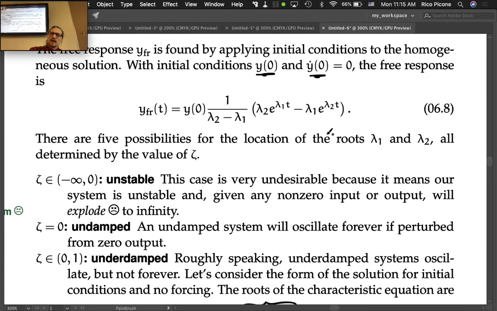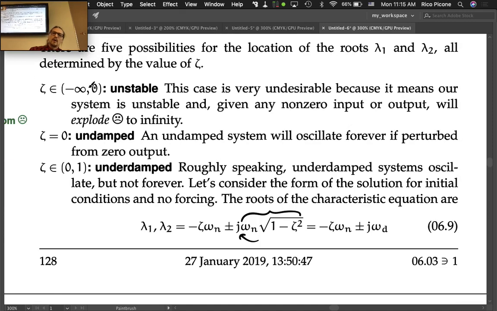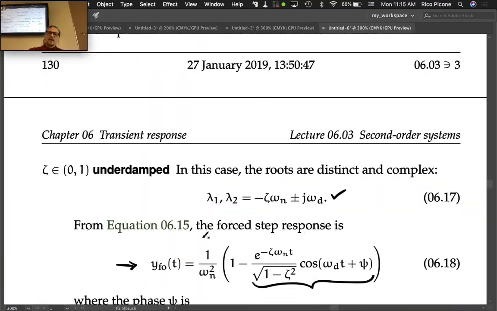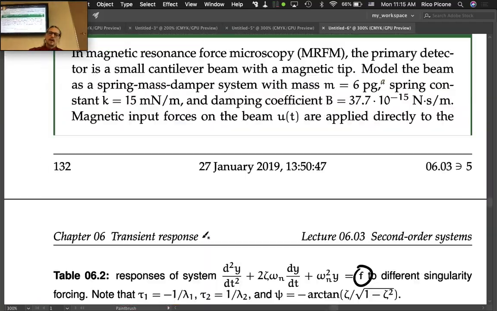We developed it, but we need to know what zeta is in order to know which solution applies, right? So we need to compute what zeta is for this problem. We have numbers, so we need to actually plug them in. So let's do that. Way back down here.